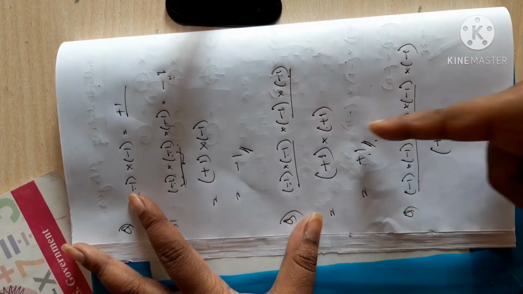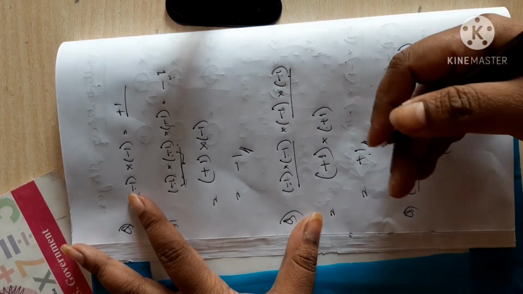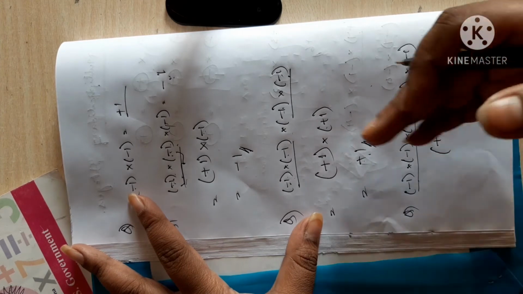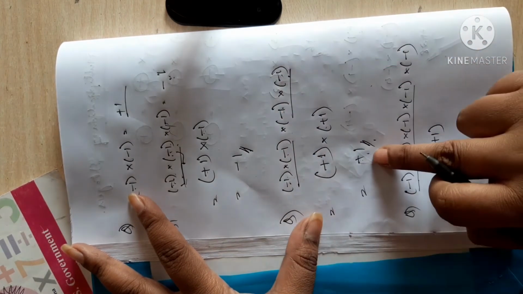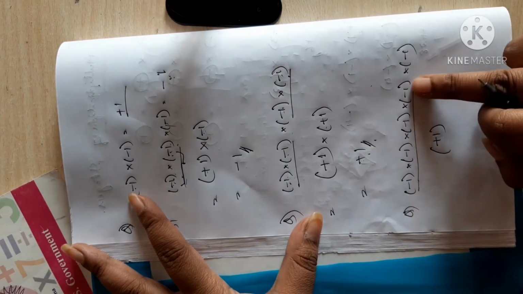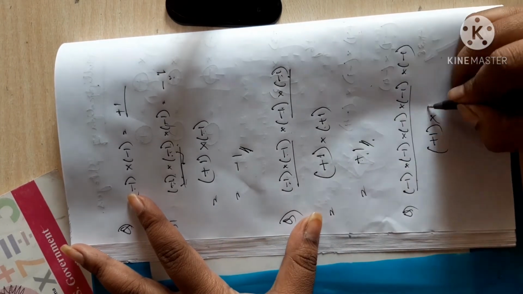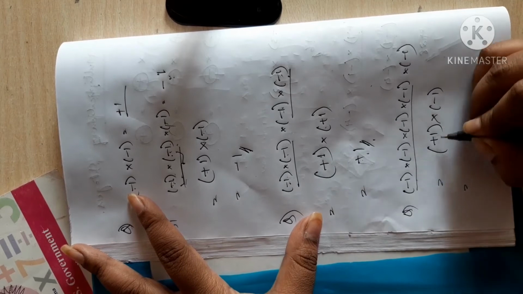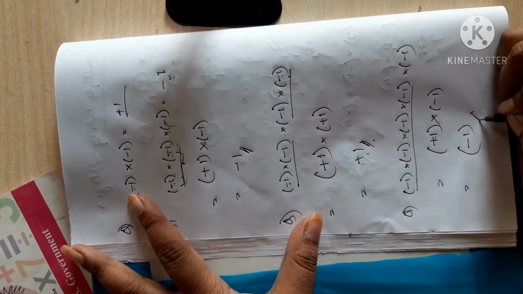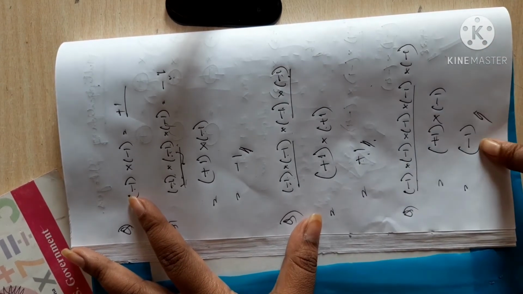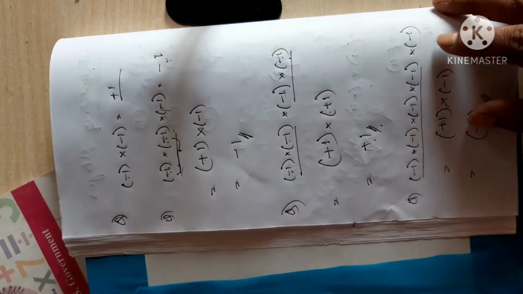Again, I don't want to solve the same steps here. So from here to here, what is the answer? Plus 1. So when you multiply minus 1 four times, you get plus 1, into this as it is. Now plus into minus, minus. So what is the answer? Minus 1. Keep this in your mind.